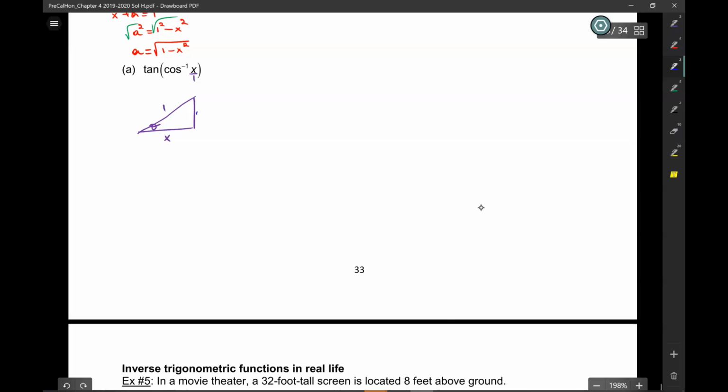If I call the missing side a, then a squared plus x squared equals 1 squared. I subtract x squared. A squared is 1 minus x squared. And when I take a square root, a is the square root of 1 minus x squared.